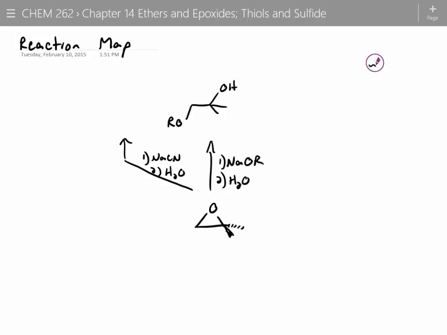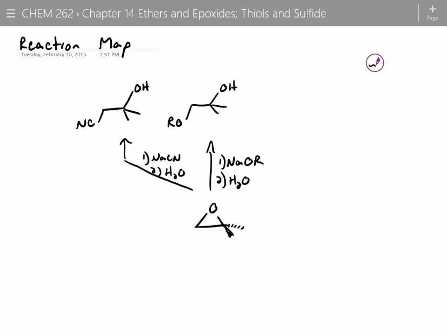It's a cyano group. It goes by something else, though. It starts with an N. Nitrile. So if we do this, that cyanide anion can add into the less substituted side and ring open it. And we can actually get a new nitrile group. And we'll cover the reaction of nitriles later on this year.